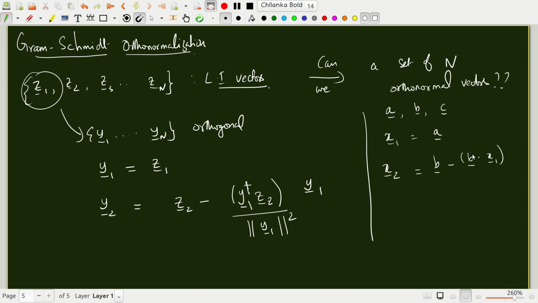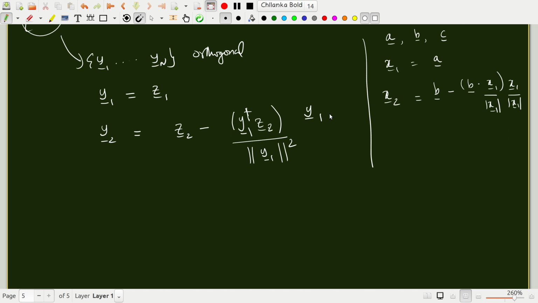This should be in the direction of x1, but I want the unit vector, so I'll divide by this. The mod is to ensure that you are dotting with a unit vector. Basically you are subtracting the projection of b in the x1 direction. Of course you need a vector, so you multiply by the unit vector. You will find that x1 dot x2 is 0.